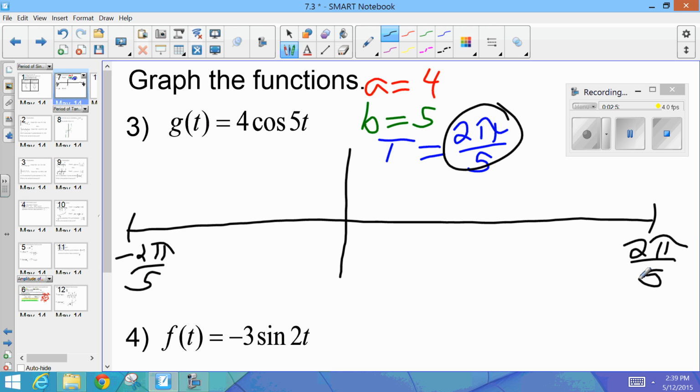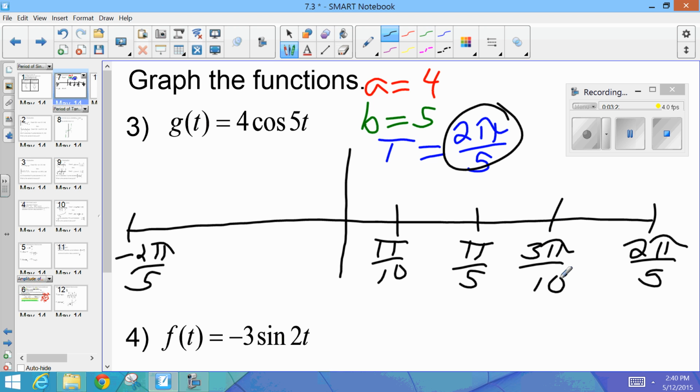All right, so between 0 and 2 pi over 5, I'm going to split that in half. Half of that would be pi over 5. And halfway between 0 and pi over 5 is pi over 10. And halfway between pi over 5 and 2 pi over 5 is 3 pi over, is it? Hold on, let me think about that. 2 pi, yes, it's 3 pi over 10.